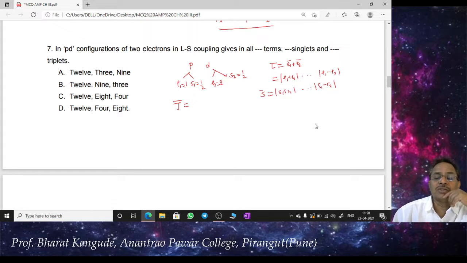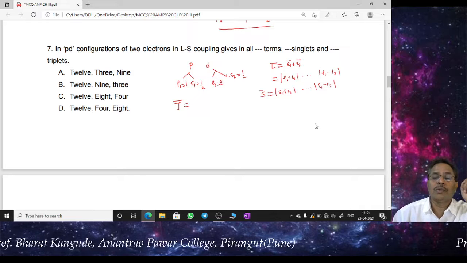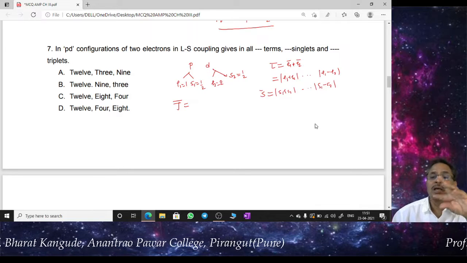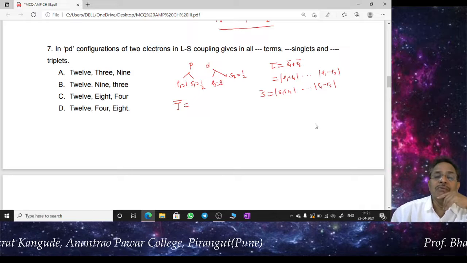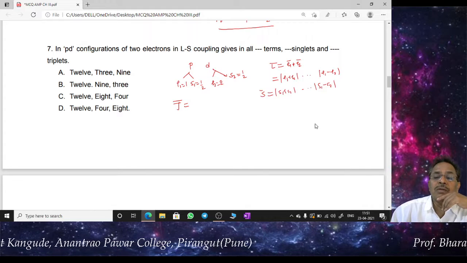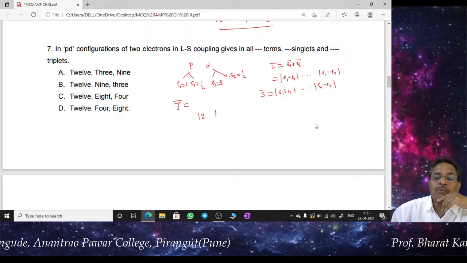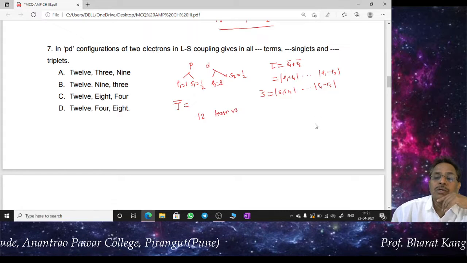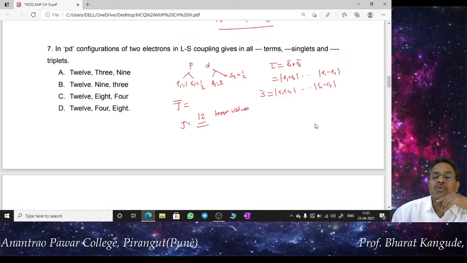In this entire calculation of L1 bar plus L2 bar plus S1 bar plus S2 bar, when we add capital L and capital S, we get in all 12 J values, or 12 term values, possible.